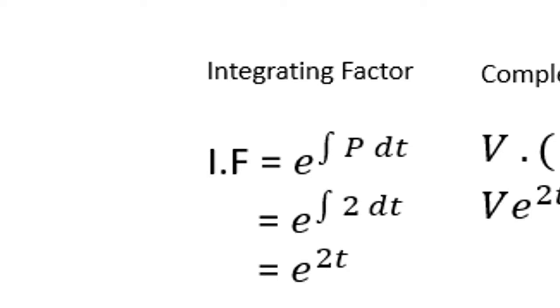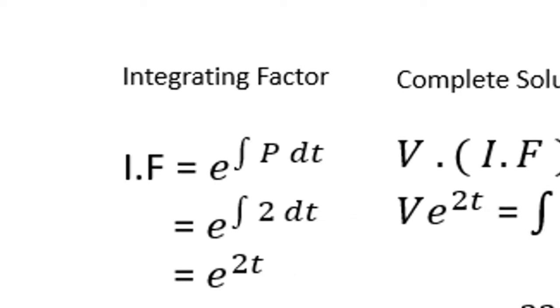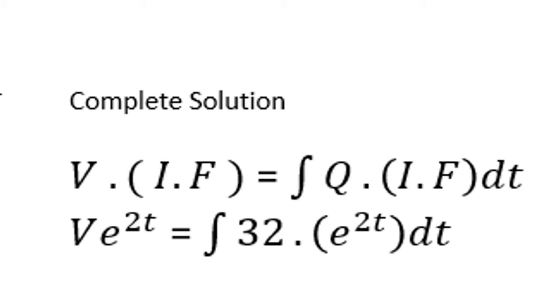Then V times the integrating factor equals the integral of Q times the integrating factor dt. We can see here V e to the power of 2t equals the integral of 32 e to the power of 2t dt.